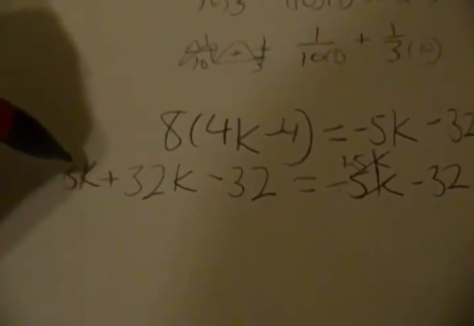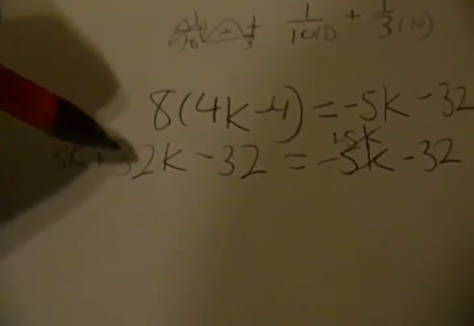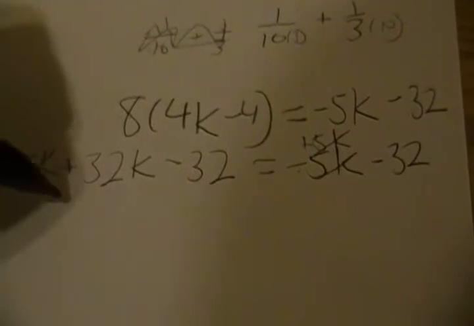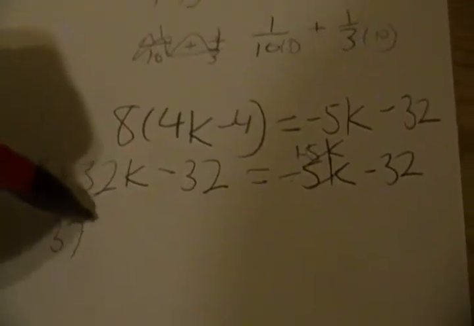So these cancel. 32k plus 5k is going to be 37k. Now we have to bring the numbers to the other side.